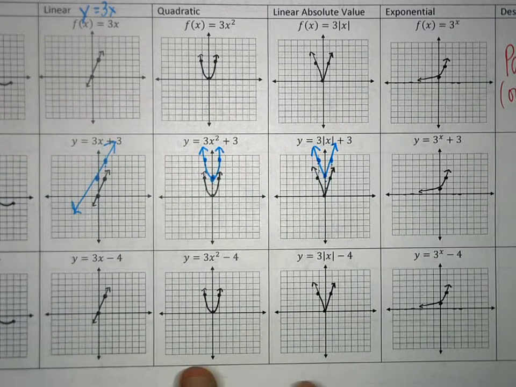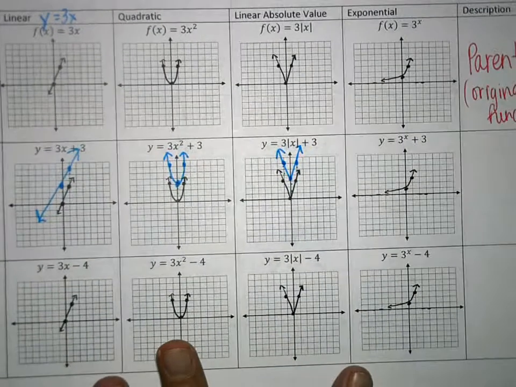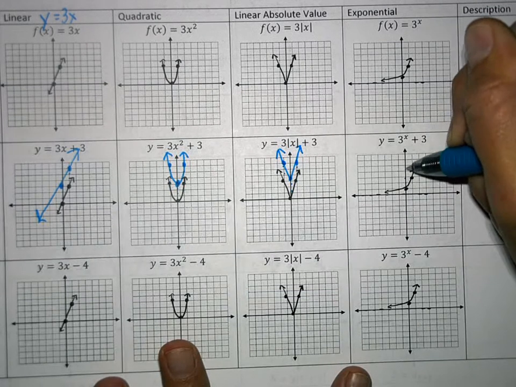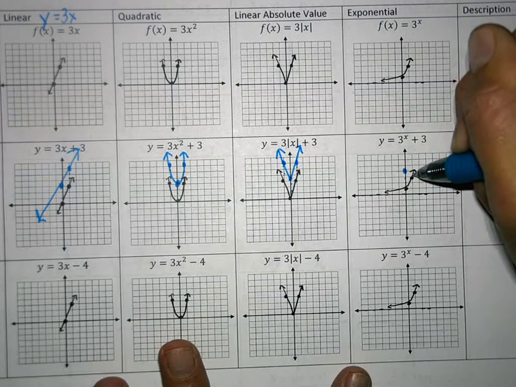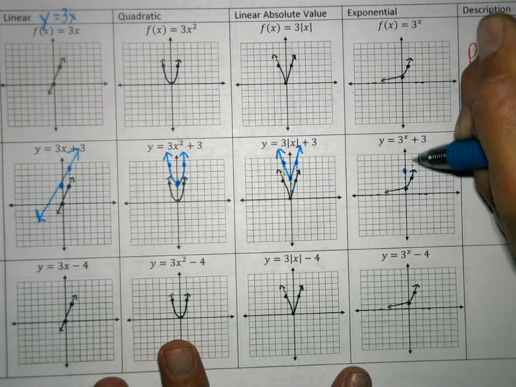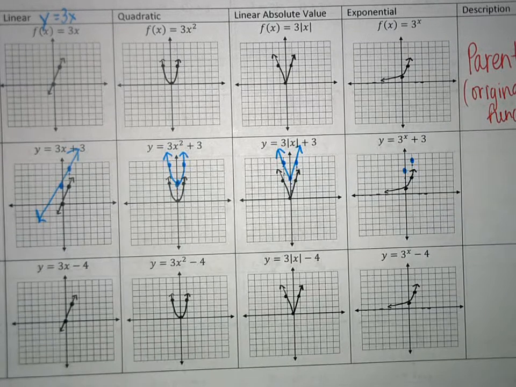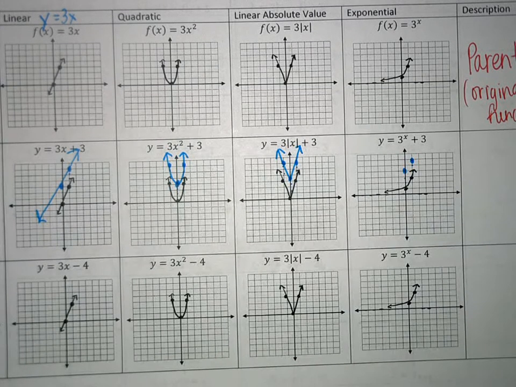And on your exponential function, translating this one up 3 as well. Now there's one thing you have to think about on the exponential function that we didn't look at on the other one. And what is that? Asymptote. Very good. This has an asymptote. And so as I translate this one up 3, you are also translating the asymptote up 3.